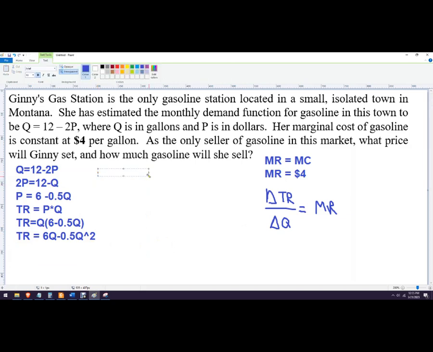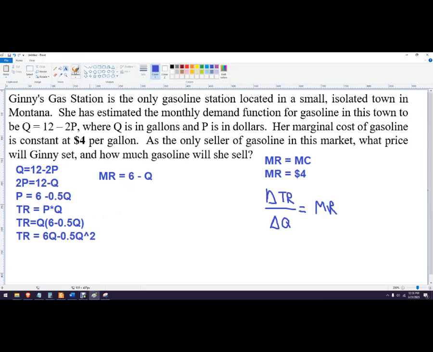There are lots of videos on how to do partial derivatives, so I'm not really going to show you how to do that, but I'm just going to say 6 minus Q, and that's our marginal revenue function. So now you can look at it.